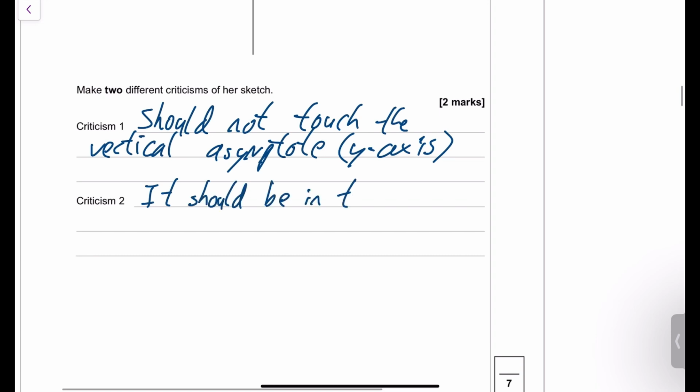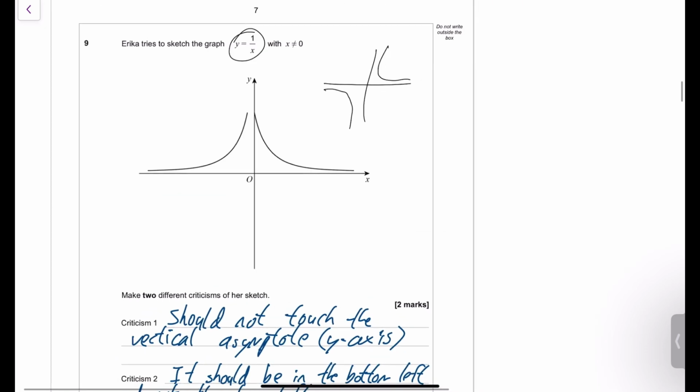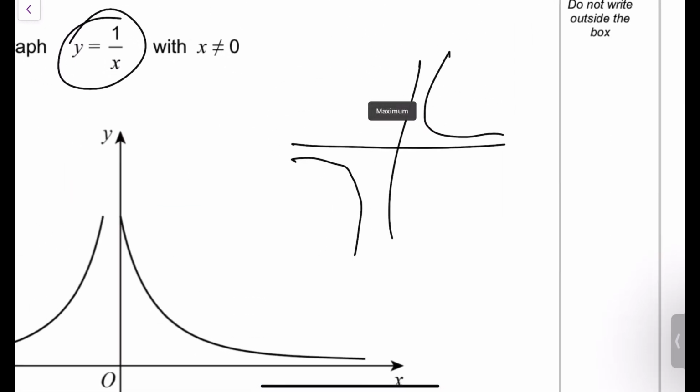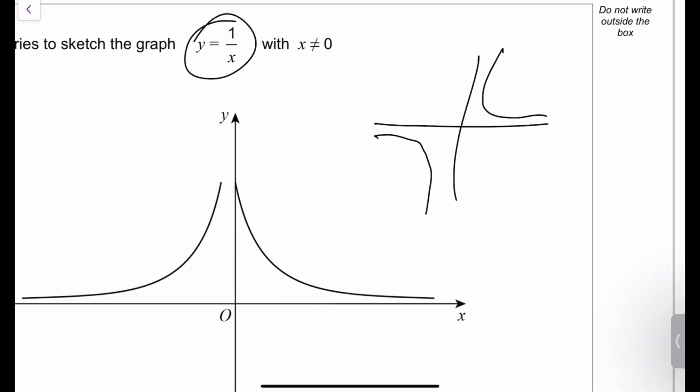It should be in the bottom left and not the top left. Okay, so that's it. You can't do this question if you don't know what the actual graph looks like and its properties. So it's got a vertical asymptote at your y-axis and a horizontal asymptote at the x-axis. That's really what it should be.